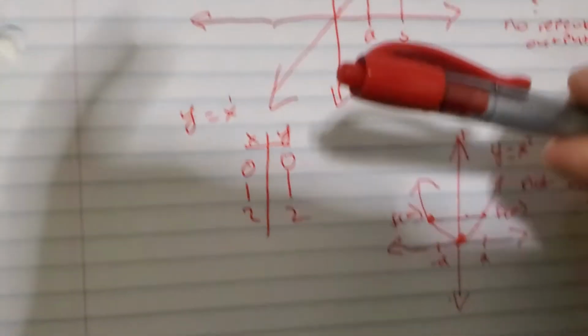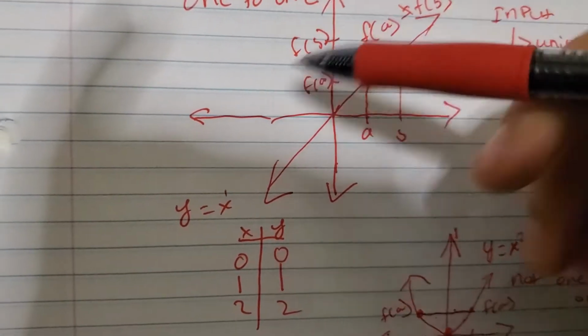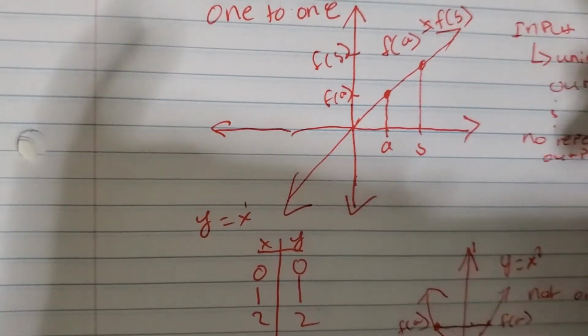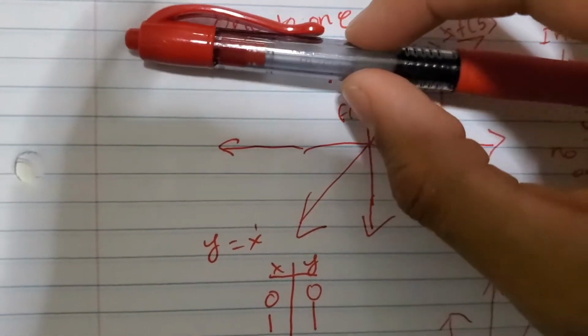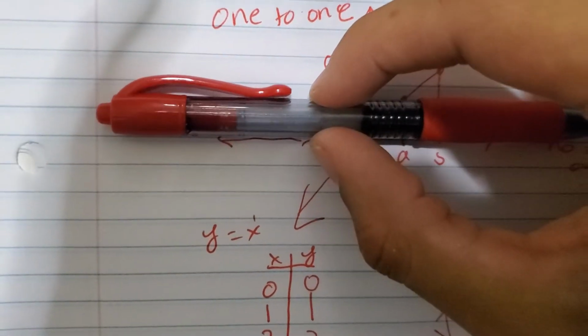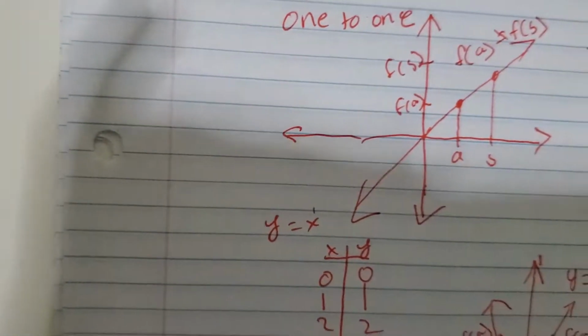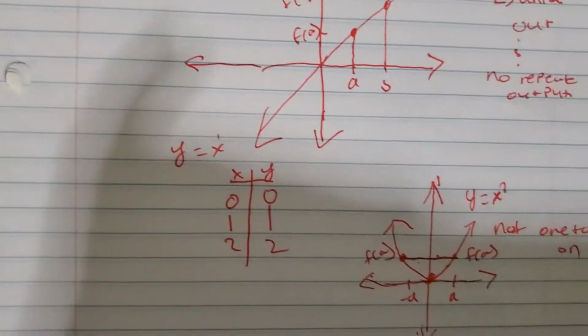So this line y is equal to x is one-to-one, because if we take our pen, it would only touch one point, and you can see that graphically in your head.